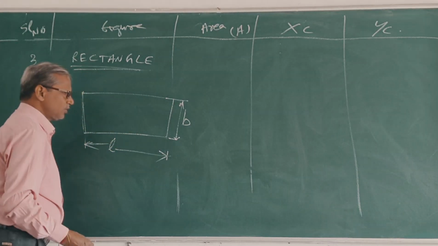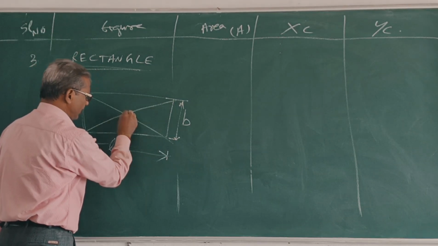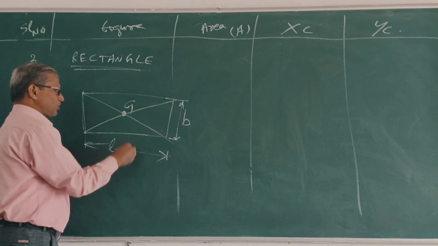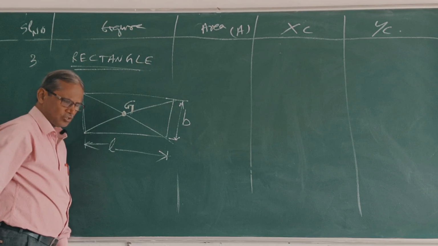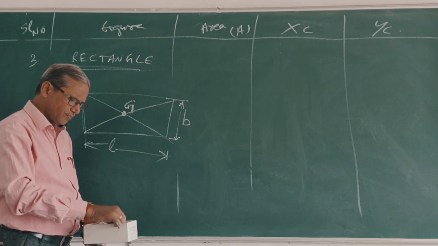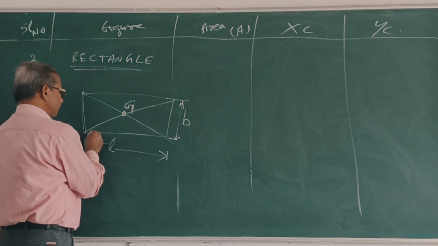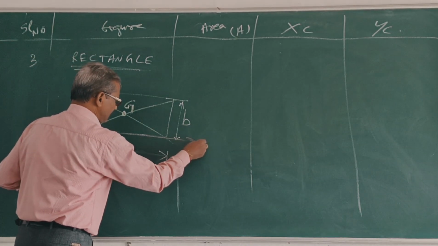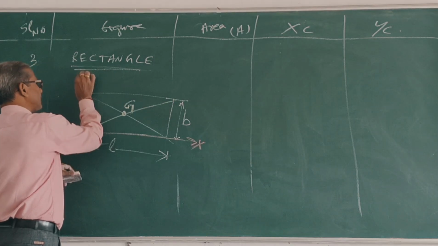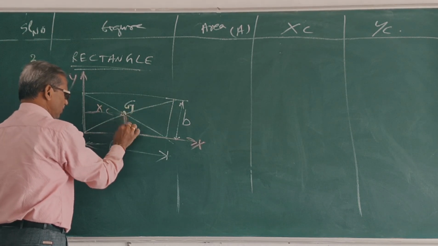So in this case, the CG lies where two diagonals cross each other. Clear? So take this x-axis, this is y-axis, this is xc, this is yc.